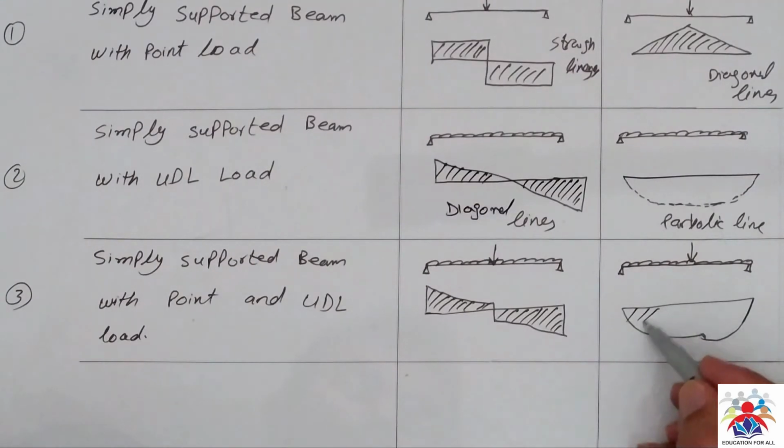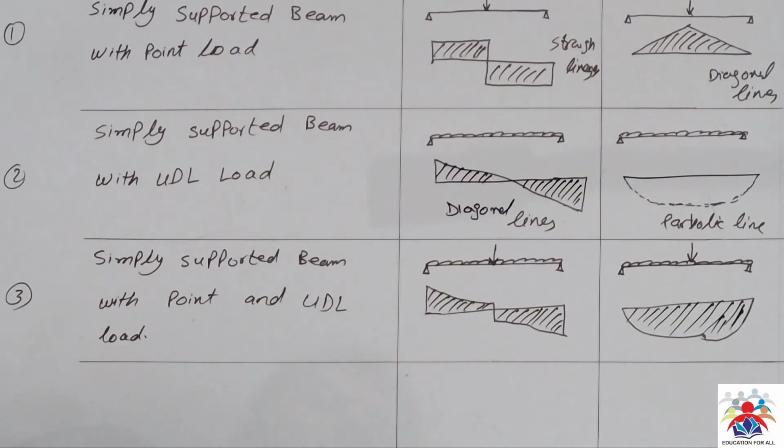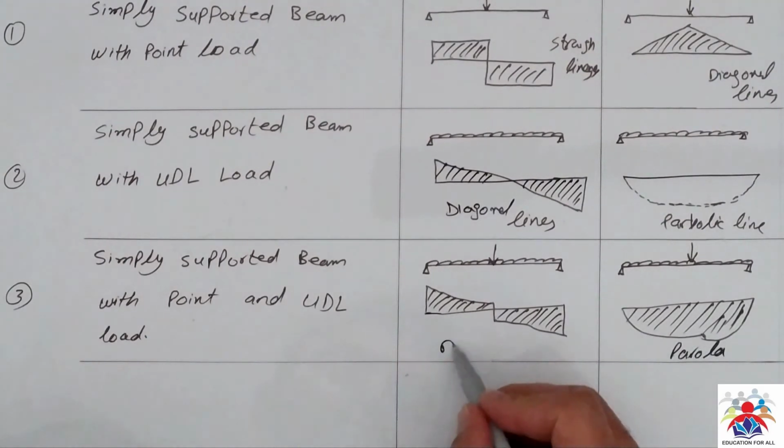So this is how your bending moment diagram will look. In my further videos I will explain all the diagrams with values. So you have to make a parabola here, and here you have diagonal lines.